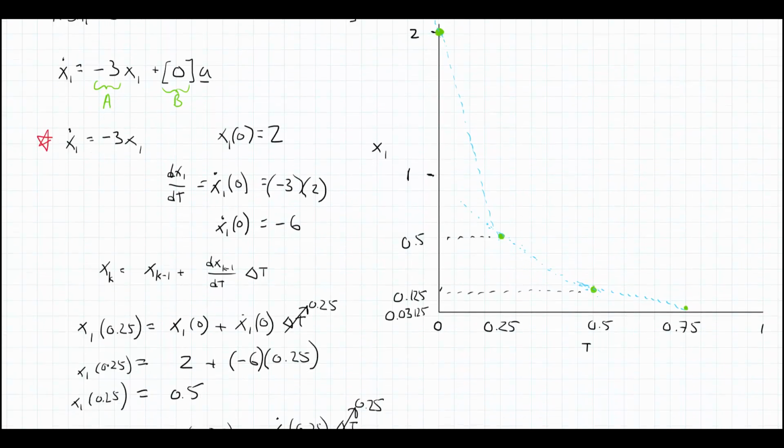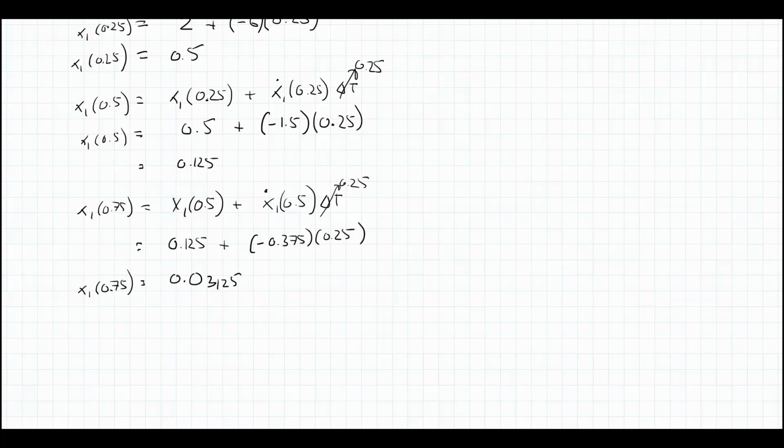All right, and finally, I'm only going to go to the 1 second mark here. So x1 of 1 second. My previous value, and then I update it with x1 dot of 0.75 seconds times delta t, which again is 0.25. So my previous value, 0.03125, plus x1 dot at 0.75 seconds.